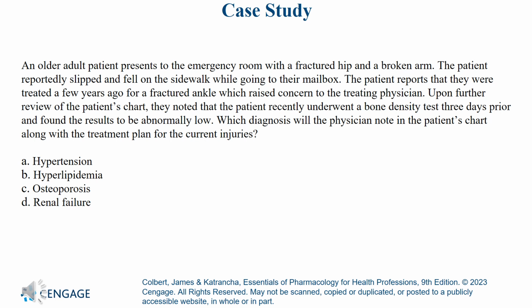Upon further review of the patient's chart, they noted that the patient recently underwent a bone density test 3 days prior and found the results to be abnormally low. Which diagnoses will the physician note in the patient's chart, along with a treatment plan for the current injuries? Look at your choices, write them down, and we're going to check our answers in just a few.